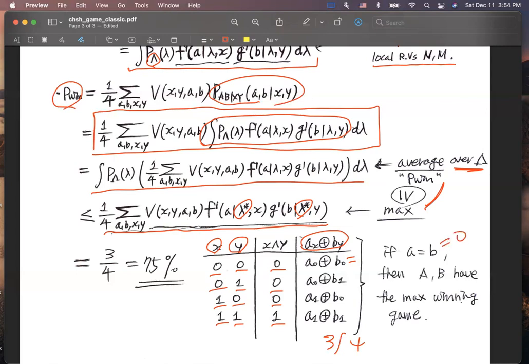Then a XOR b becomes 0 in every case, and they only lose in this condition because x AND y is 1. So 3 out of 4 is the maximum winning probability of the CHSH game with classical strategies, which is 75%.